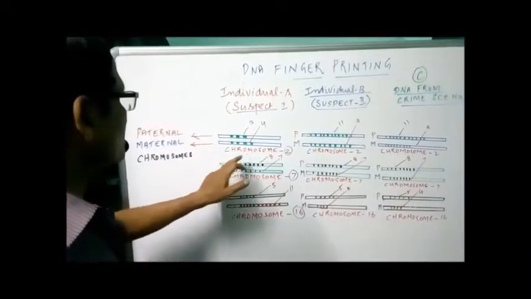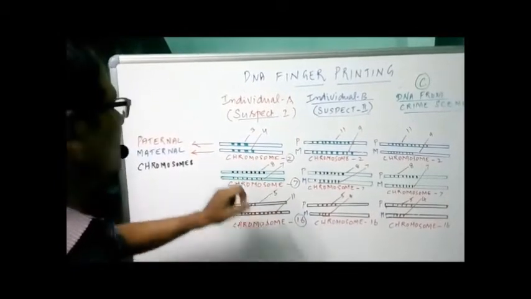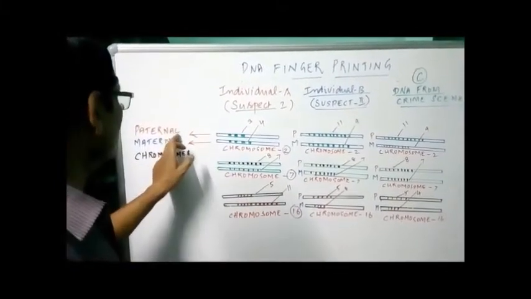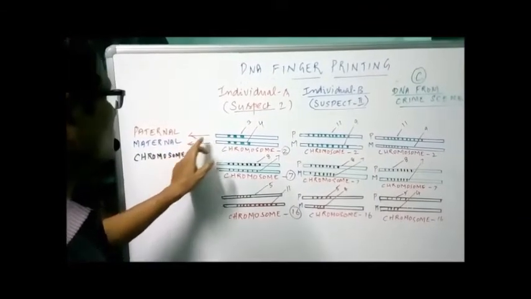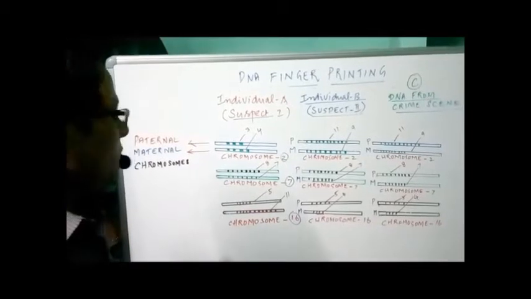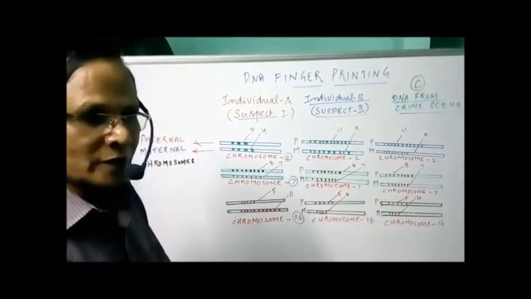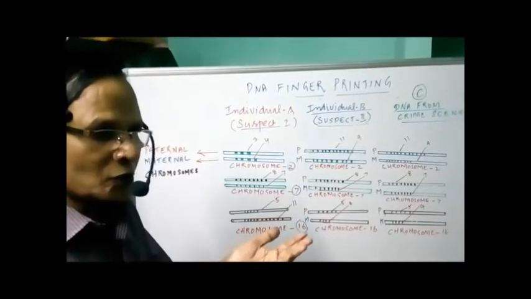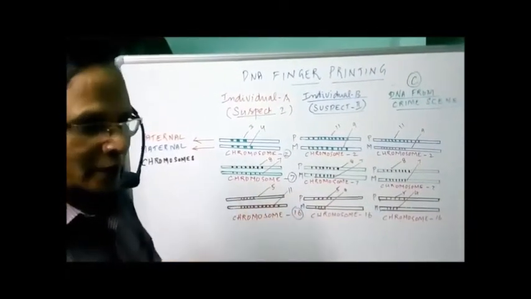Now if we take chromosome 2, normally we have a pair of chromosomes. One chromosome is paternal, coming from the father, and another is maternal, coming from the mother. These 2 chromosomes also differ in the number of tandem repeats because they come from 2 different parents.